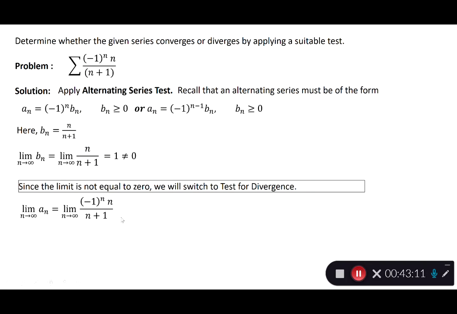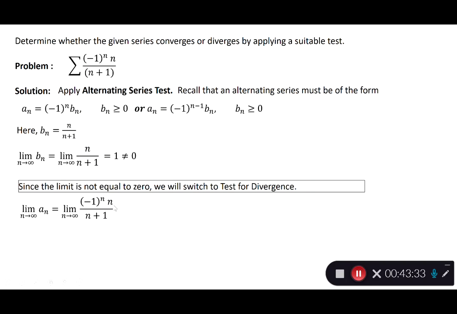What we have discovered is that this n over n plus 1 itself will approach 1 without the -1 to the n, as n gets bigger and bigger. So what does -1 to the n times n over n plus 1 do? Well, it will switch between -1 and +1.